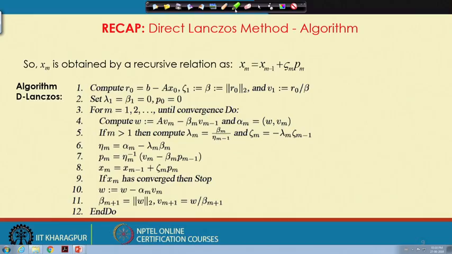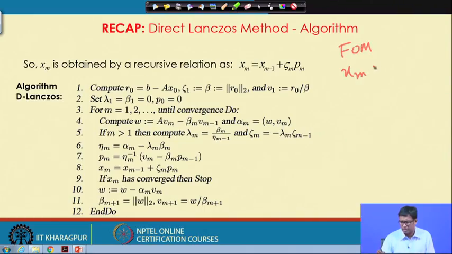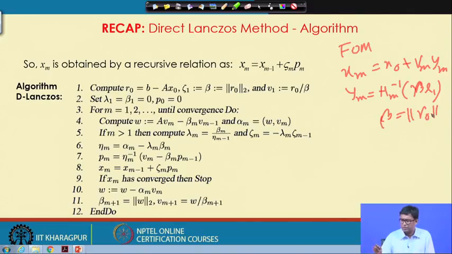So, the full orthogonal method tells us Xm FOM is equal to X0 plus Vm Ym, where Ym is equal to Hm inverse beta E1, where beta is equal to the norm of R0.